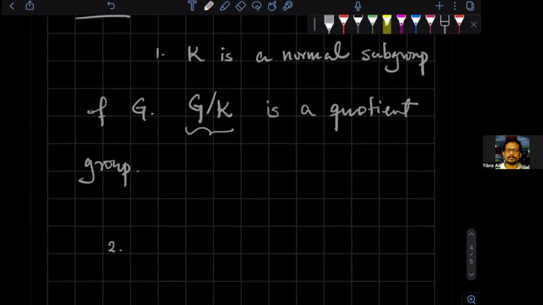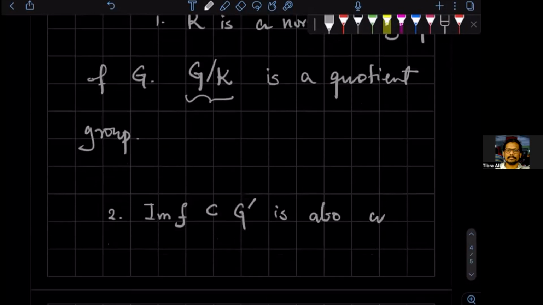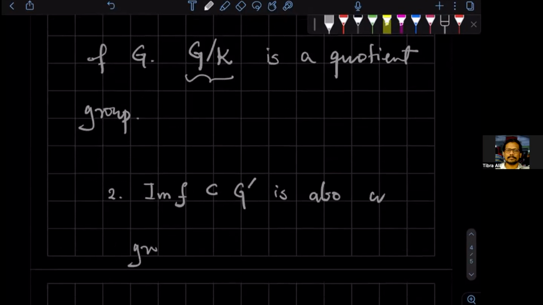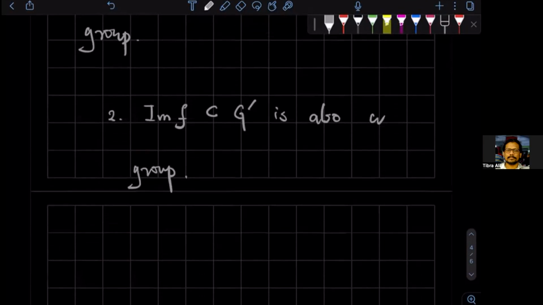What else do we know? We know that the image of F, which is a subset of G prime, is also a group. And it's a subgroup of G prime. Okay, so this is one we know.